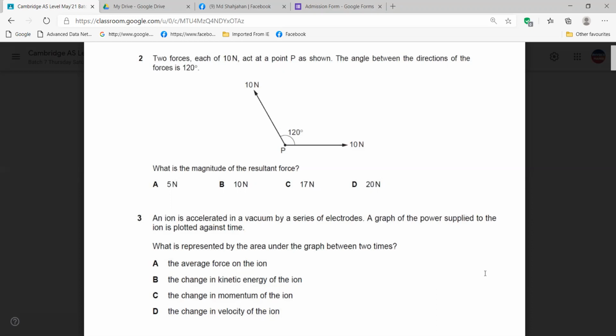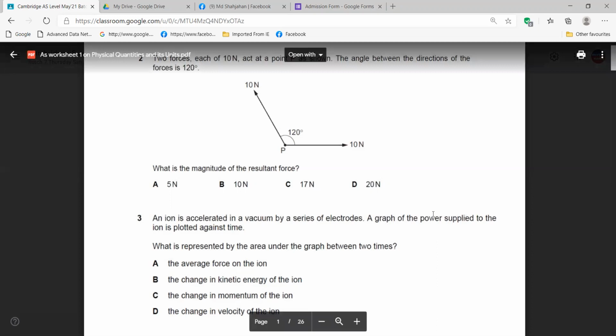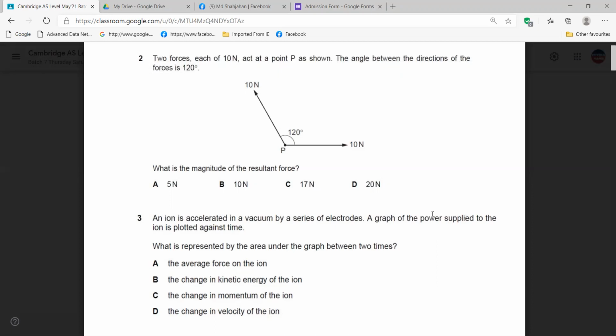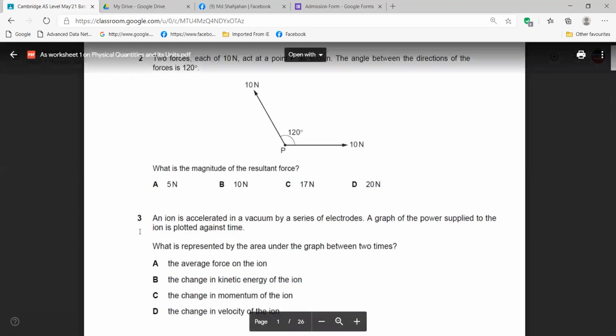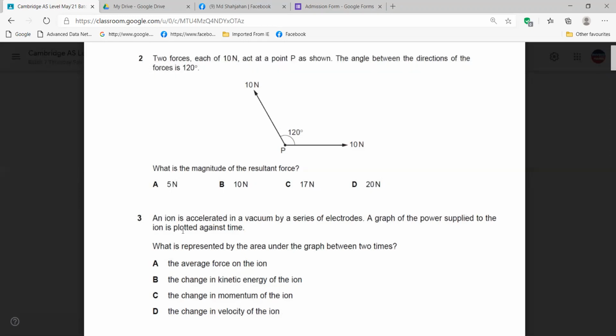Okay, so this one is testing you the formula power. You see, they are saying graph of the power supplied to the ion is plotted against time.